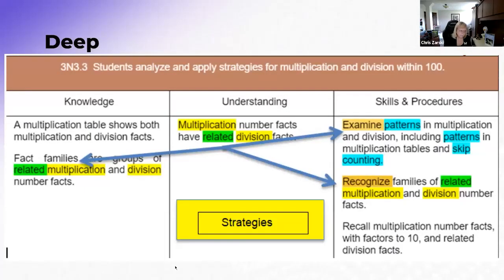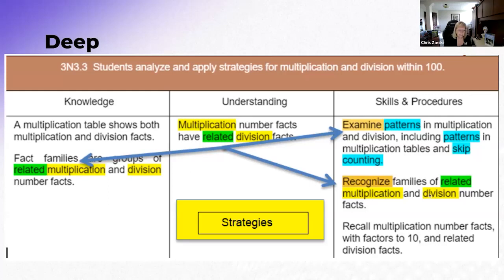So if I take that same one that we just looked at, here was our sort of surface level. But when I look at the understanding, I see multiplication and division. Well, I see those in all of these. So I've kind of highlighted those as well. And I could have put them in here as well. But the word related came in. How are these related to one another? Examine patterns. Patterns is a relationship.